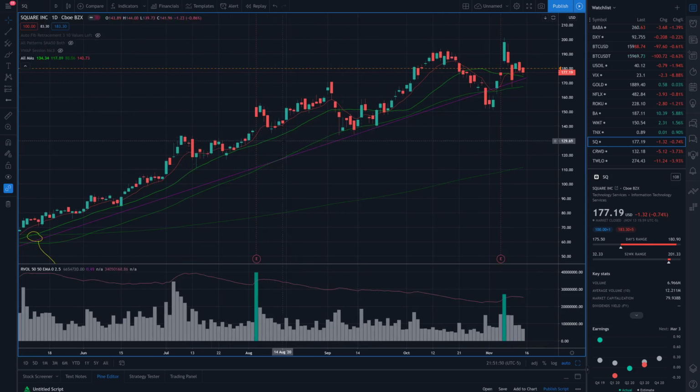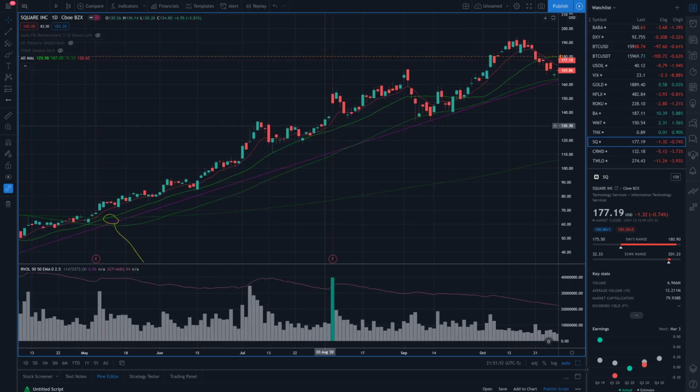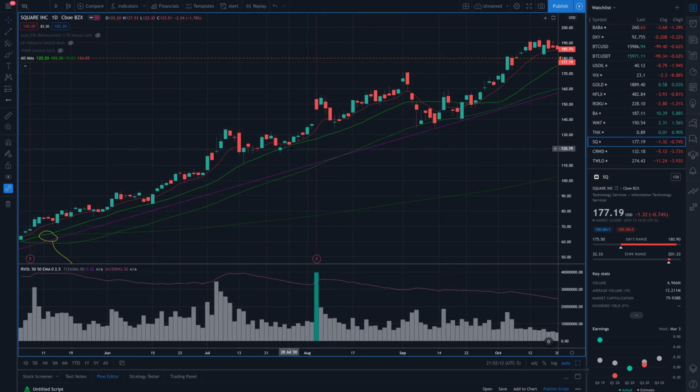Just to go over EMA 9 or EMA 8, I sort of use both interchangeably. That's the exponential moving average over a period of 9 days, or possibly a period of 8 days. And so the EMA 9 just gives you more weighted significance over recent price movements.